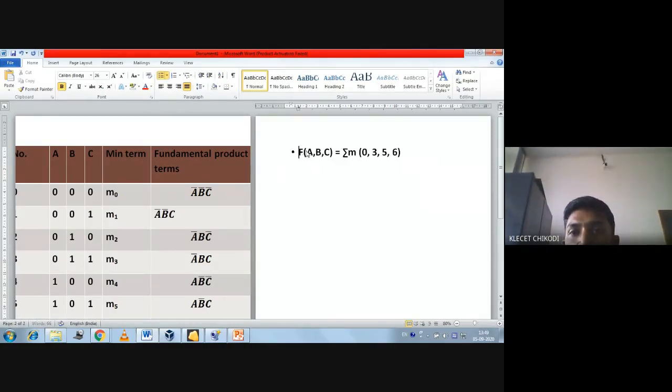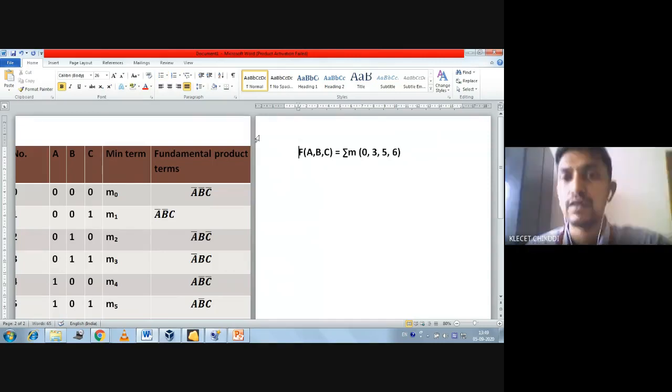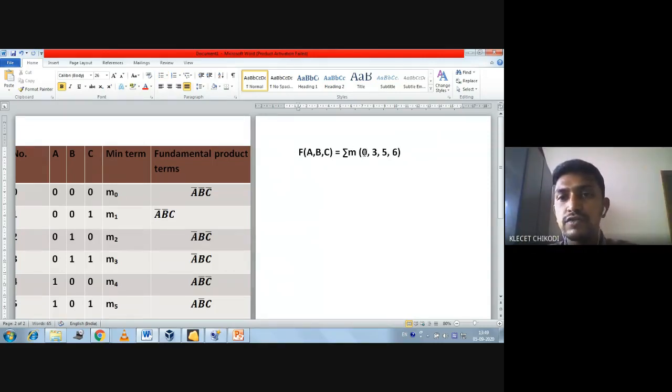I have written f of ABC, and instead of 0, 3, 5, 6, I will write 1, 4, and 7. I have written the canonical min term form. Now what I am asking you is to write the respective Boolean function for this 1, 4, 7.